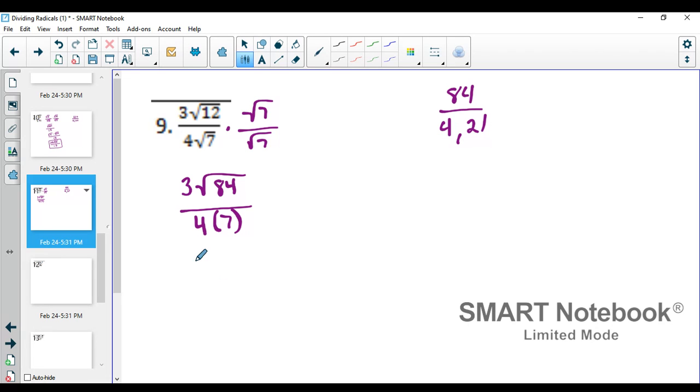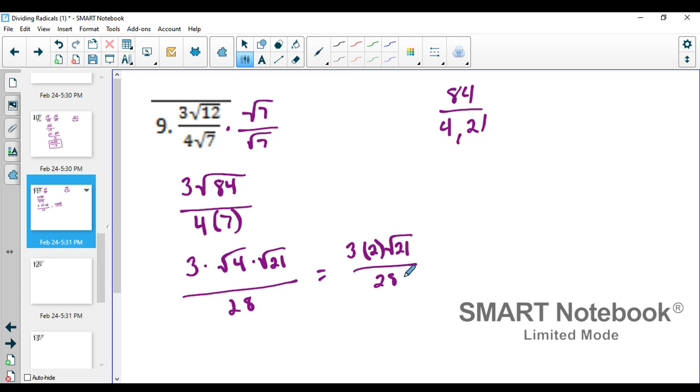So we're going to do 2 steps in one here. We have 3 times the square root of 4 times the square root of 21, and then 4 times 7 is 28. All right, so the square root of 4 is 2, so we have 3 times 2 square root of 21 over 28, and then 3 times 2 is 6, so we have 6 square root of 21 over 28.